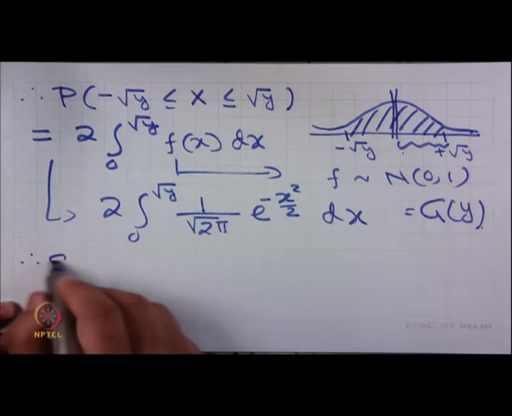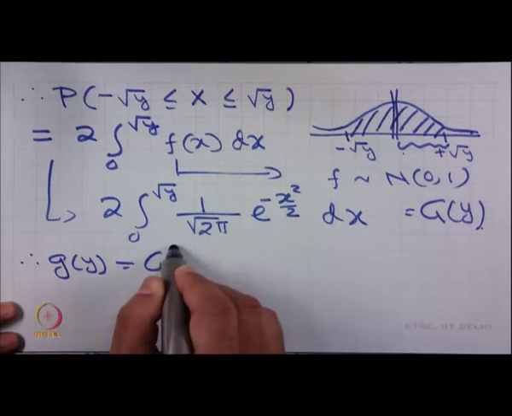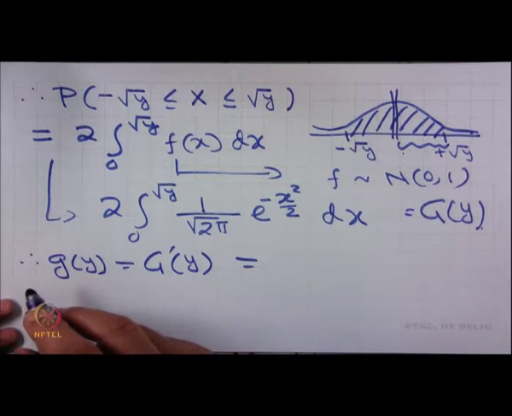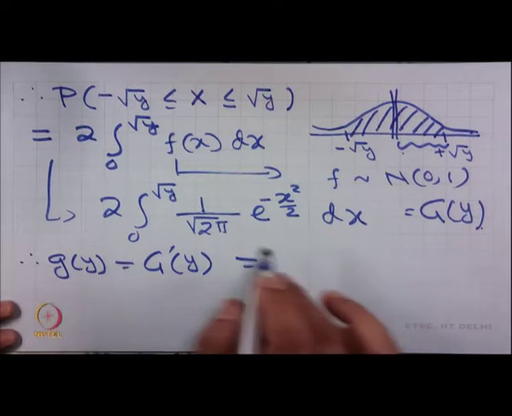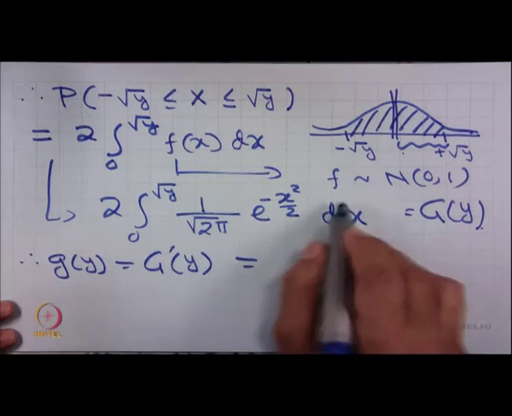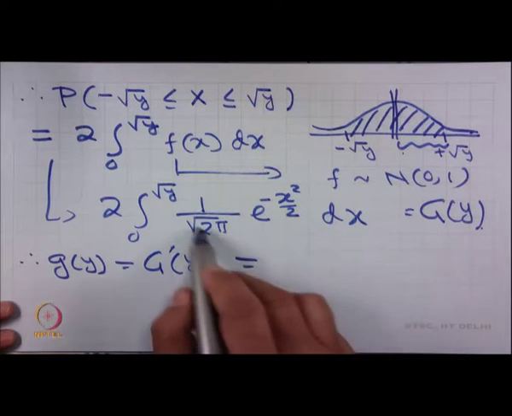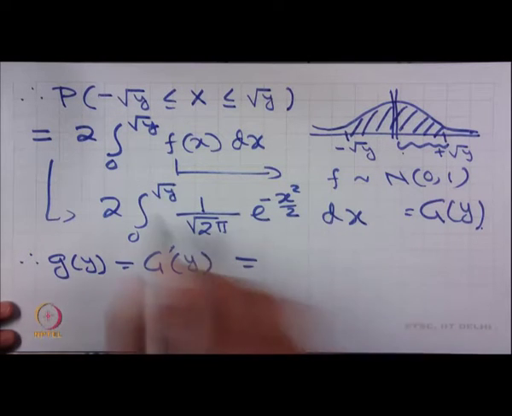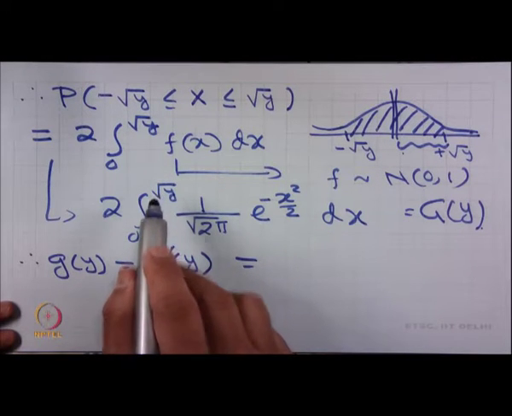Therefore, g y is equal to G prime y. That means, I am differentiating this with respect to y. So, we know that we get this by first replacing x with root y in this formula, multiplied by the derivative of root y with respect to y.